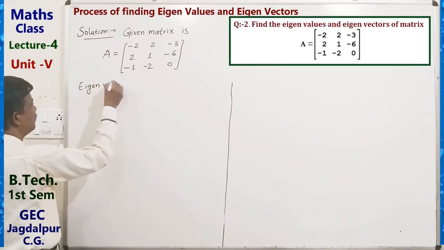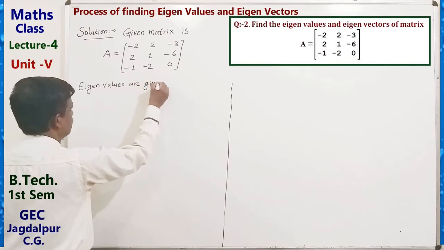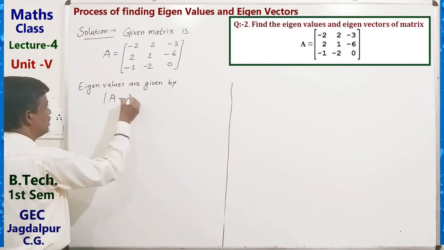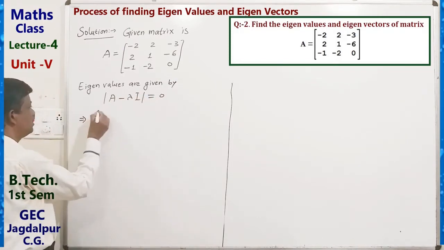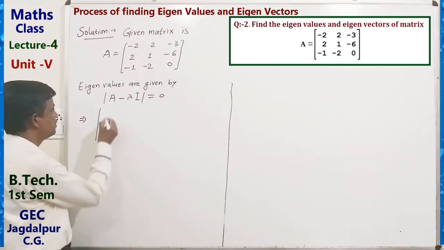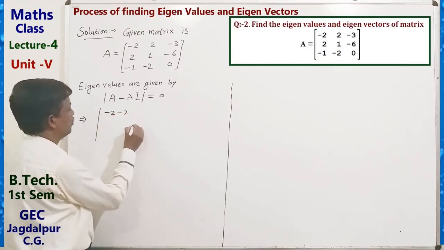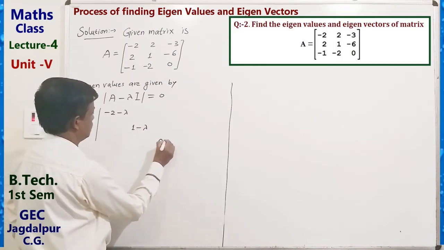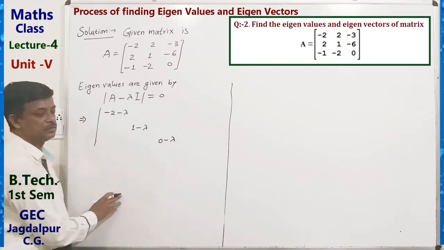Eigenvalues are given by determinant of A minus lambda I equals 0. So A minus lambda I means minus 2 minus lambda, 1 minus lambda, 0 minus lambda on the diagonal elements.